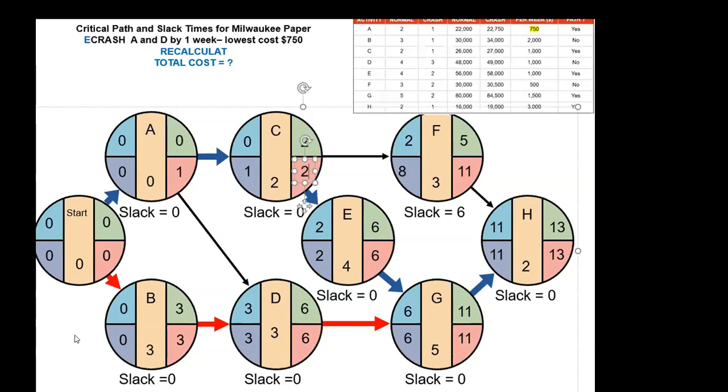2 minus 2. This is 2, right? Oh, let me see. So this is 6 minus 3 is 3. That's correct. 3 minus 3 is 0. 2 minus 2 is 0. So these are updated. And 0 goes here.